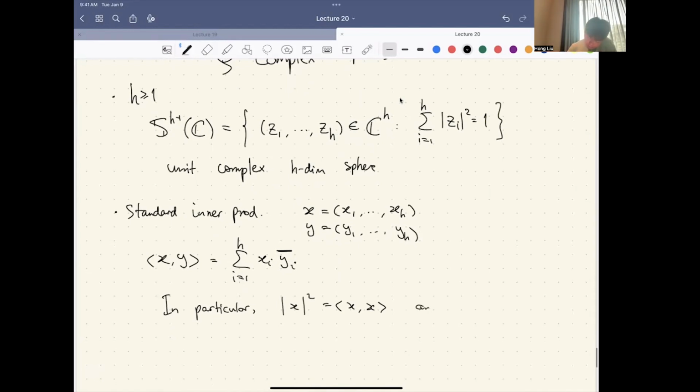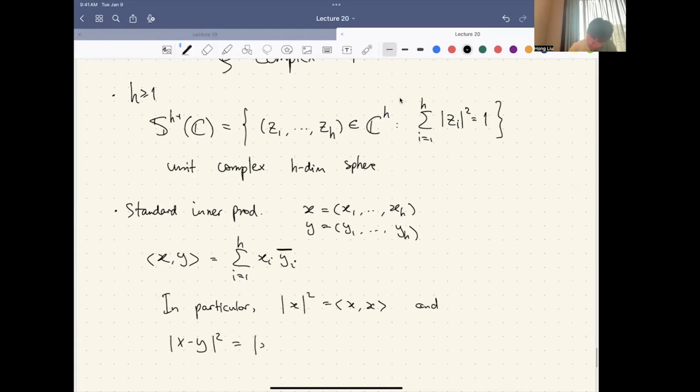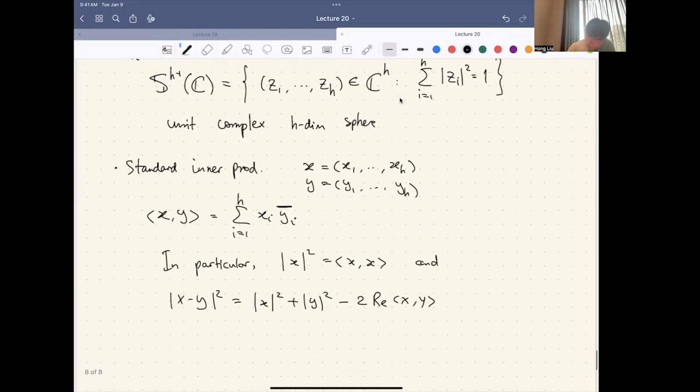And if you look at the distance between x and y, we can again compute the distance squared equals the length of x squared plus length of y squared minus 2 times the real part of their inner product. These are all very easy to verify.